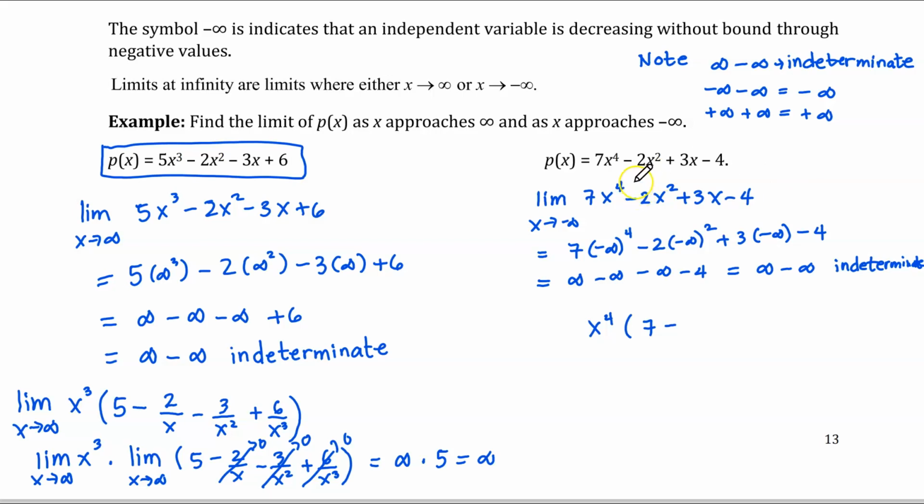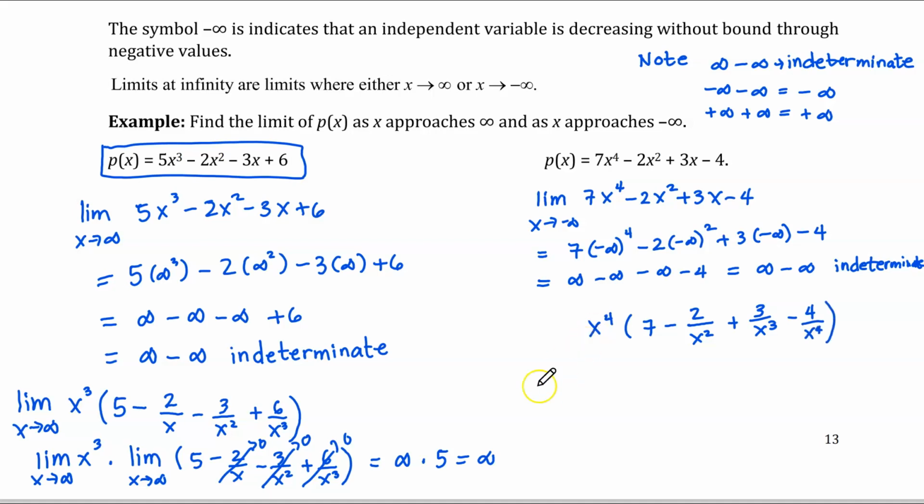And negative 2x squared divided by x to the fourth is equal to negative 2 over x squared. And 3x divided by x to the fourth is 3 over x cubed. And negative 4 divided by x to the fourth is negative 4 over x to the fourth.